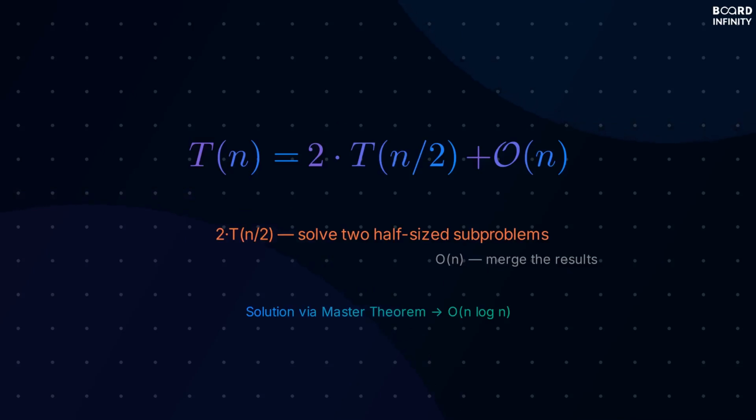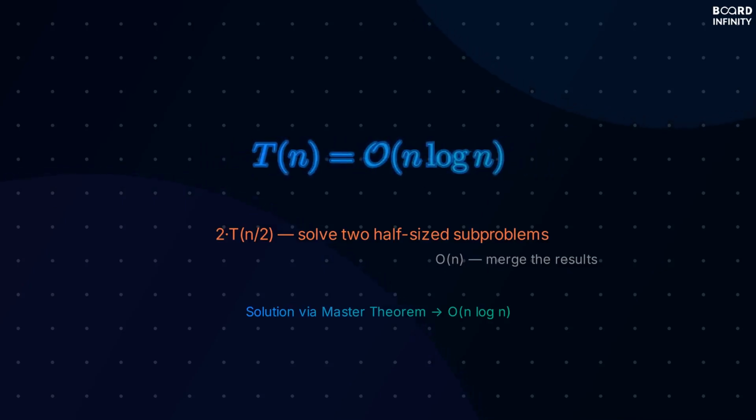And the plus O(n) term accounts for the work done in merging those sub-problem results. Applying the master theorem to this recurrence relation shows that the overall time complexity is order n log n. This mathematical proof confirms the algorithm's efficiency.